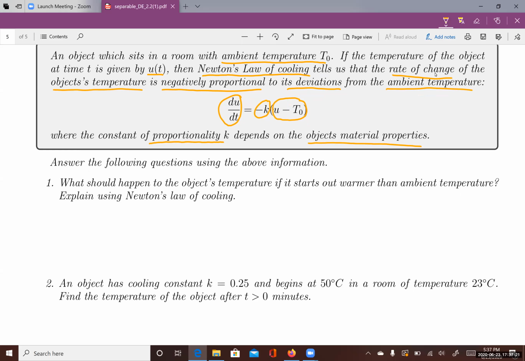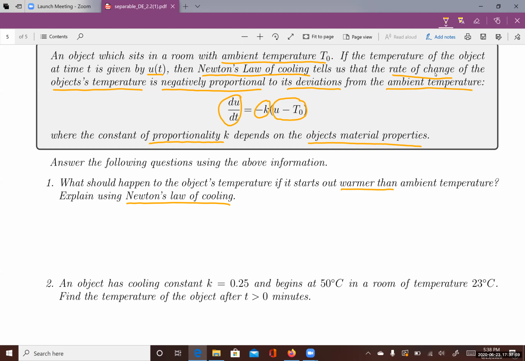Well, we can try to answer the next question. What should happen to the object's temperature if it starts out warmer than the ambient temperature? If the temperature of an object is higher, warmer, than the ambient temperature, then using Newton's law of cooling, we can say that the temperature of the object will decrease, approaching the ambient temperature.